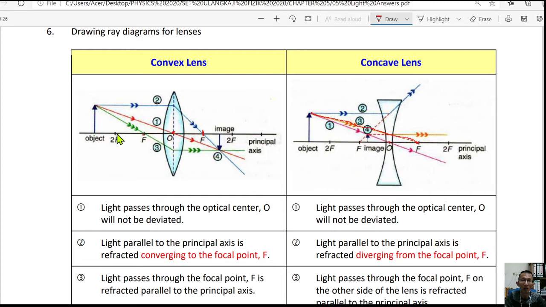For example here, if we look at this purple line and this blue line, they intersect at this point. Since I'm using the head of the arrow, the head of the arrow must be drawn here, and then the foot must be on my principal axis. Okay, so that is the ray diagram for lenses.